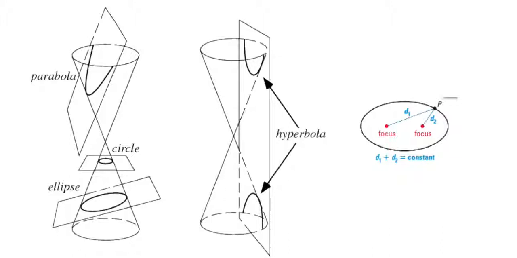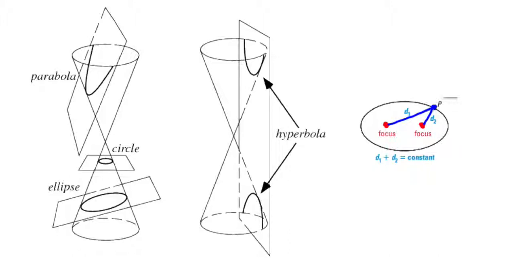So here's what's happening. We have our two foci, and we're going to have an infinite amount of points all along the perimeter. The distance from that point to one focus and to the other focus is going to vary.